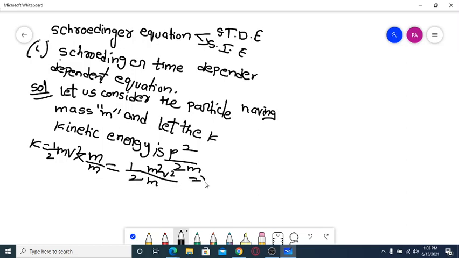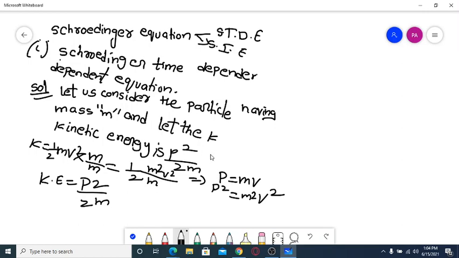You already know that p is equal to mv. Squaring on both sides, p square is equal to m square v square. So the kinetic energy is equal to p square by 2m.